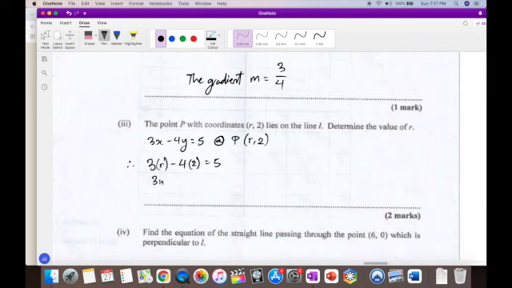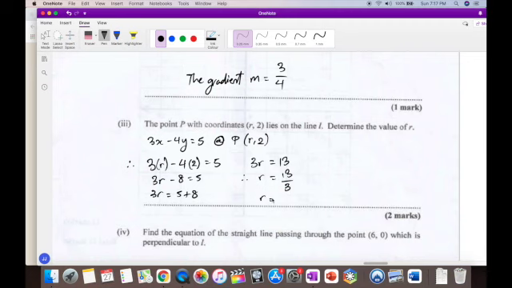So 3r minus 8 is equal to 5. 3r is equal to 5 plus 8. 3r is equal to 13. Therefore, r is equal to 13 on 3.